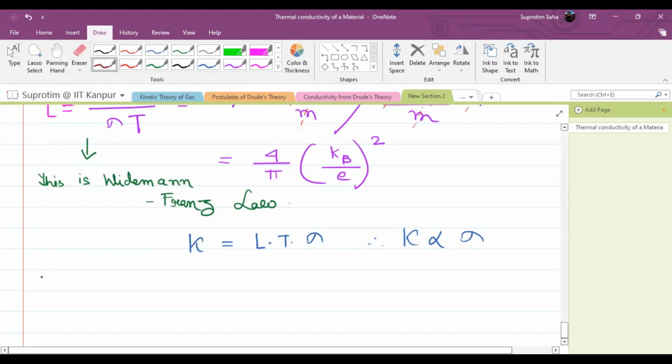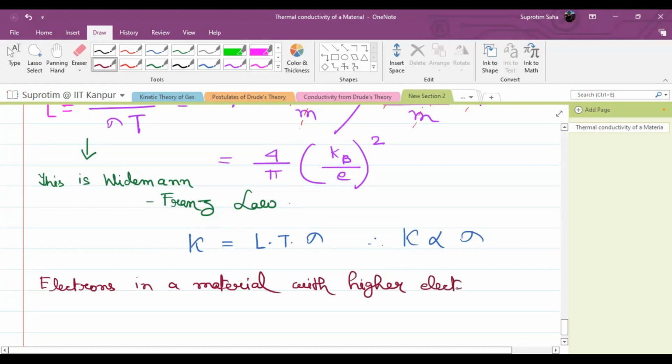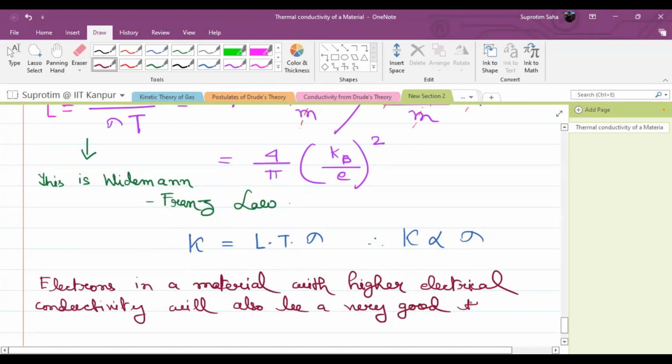So electrons in a material with higher electrical conductivity will also be a very good thermal conductor.